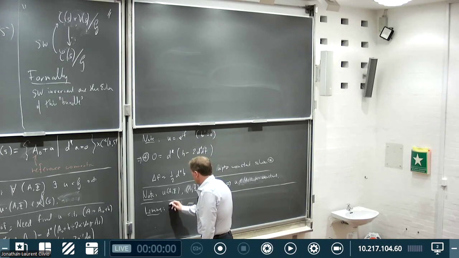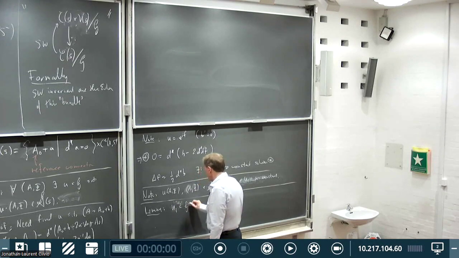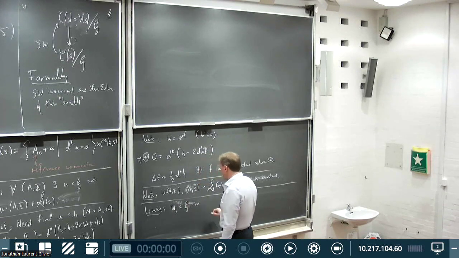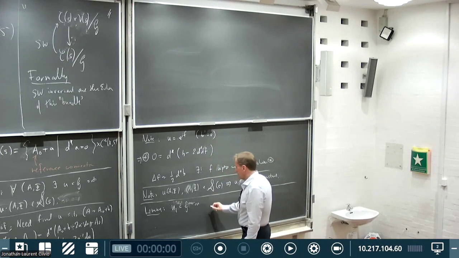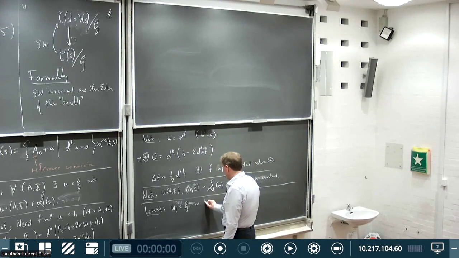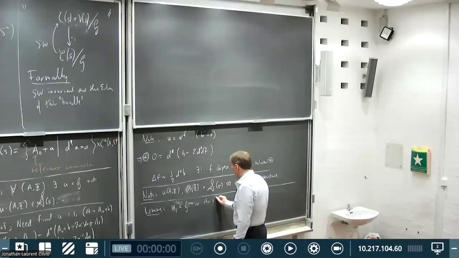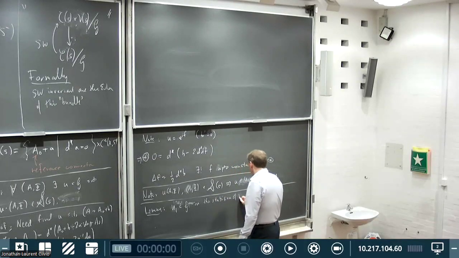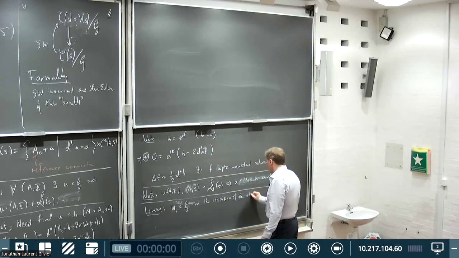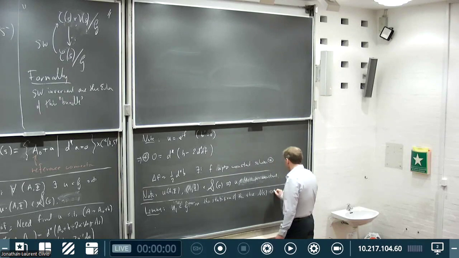Let's call this U1 inside G the stabilizer of the slice, as a set.